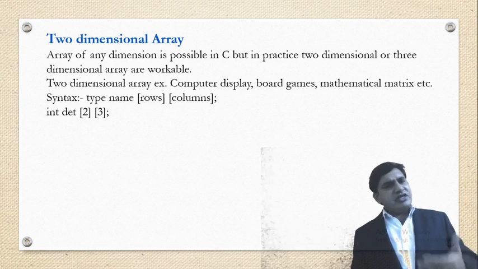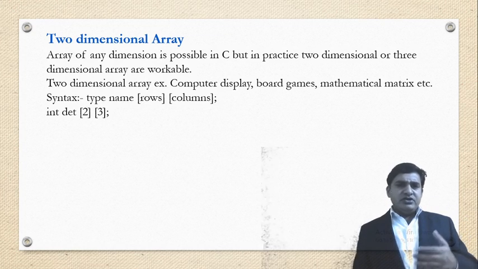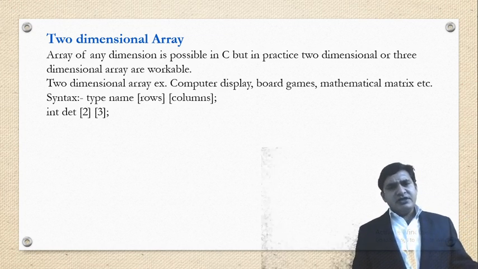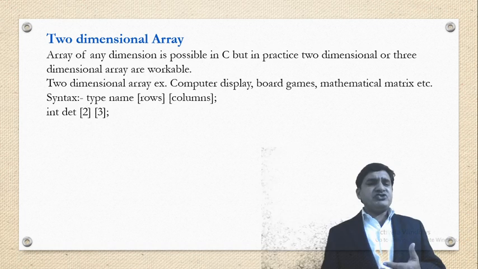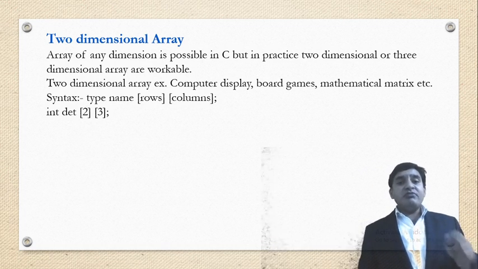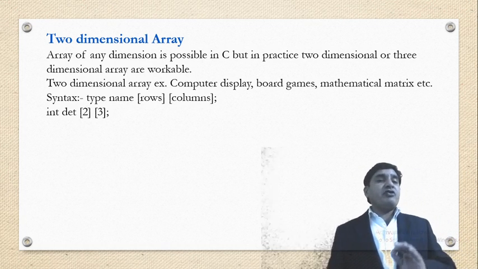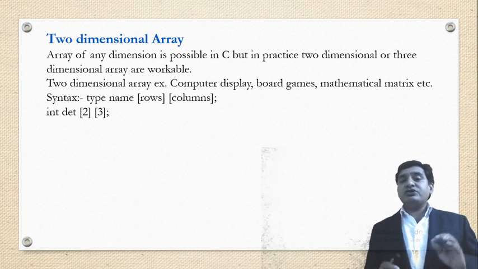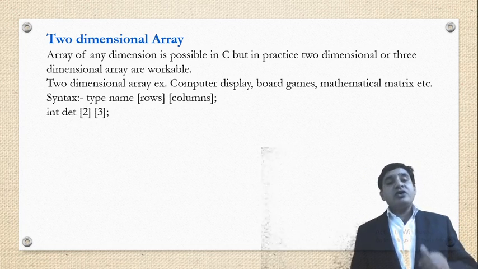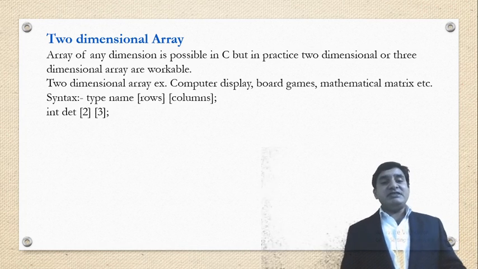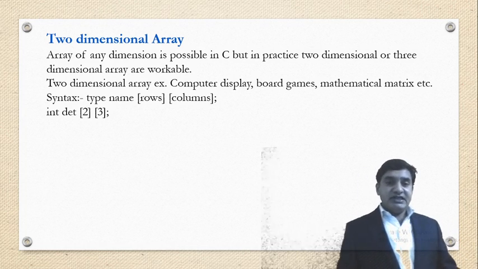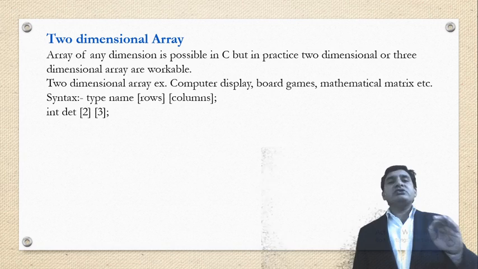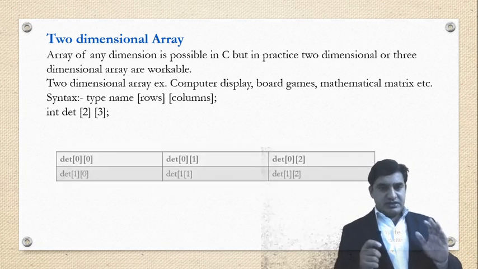From this we can determine the number of elements present in a two-dimensional array, that is number of rows into number of columns. Here 2 into 3 is equal to 6. So 6 elements are present in this two-dimensional array.